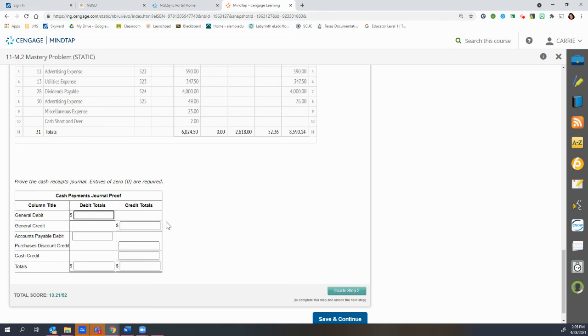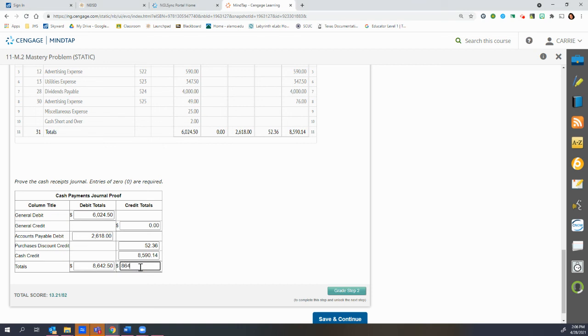Okay, then I'm going to put them into the correct places. And then 86.42.50.